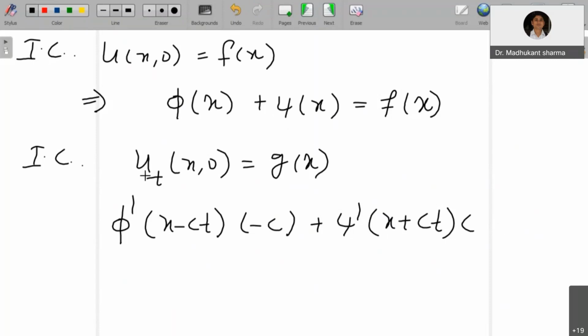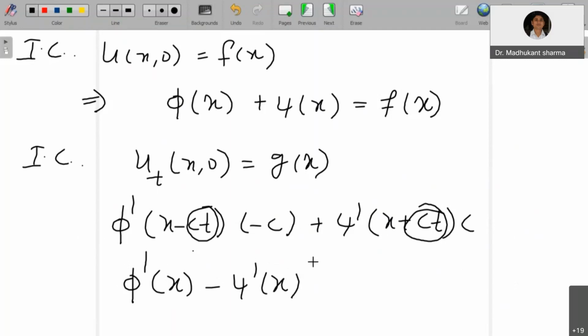That's the partial derivative with respect to t. Now you have to replace t by 0, so these things will go off. The final one is phi dash of x minus psi dash of x, or rather plus this minus this, equals g of x by c.